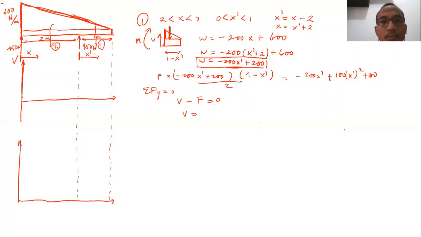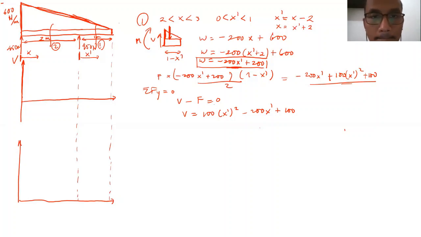That's why our V will be equal to F. In this case it's the same as this one: 100 x action squared, I rearrange the terms a bit, minus 200 x action plus 100. So this is our V equation. The V equation is already quadratic.